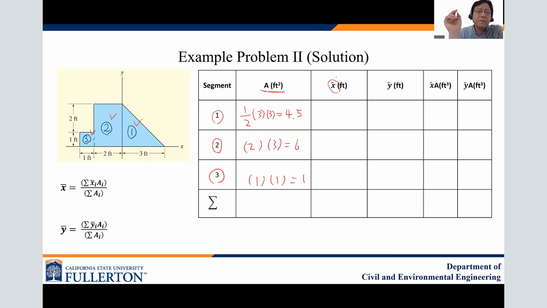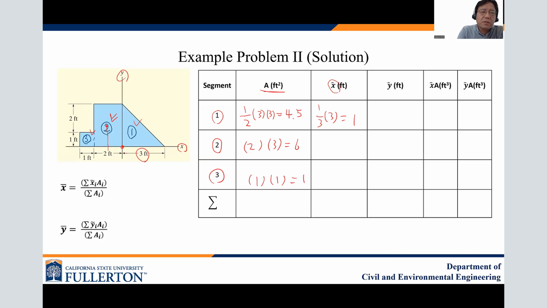And then we need to find the x wave values. For segment 1, be careful, this is the x-axis, this is the y-axis. There's a 0 for the x value, right? So for x wave in this case, there's the 1/3 and 2/3 rule. So 1/3 of the 3 feet is 1 foot. And then segment 2 is a rectangle, so the centroid is in the middle.